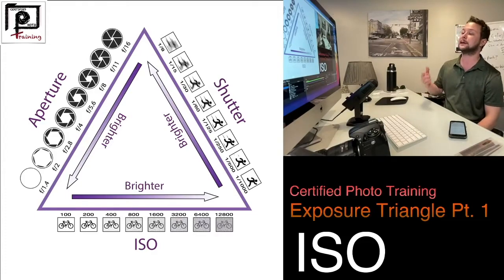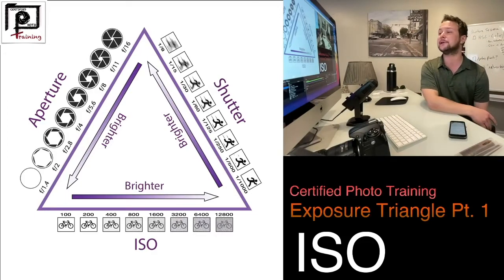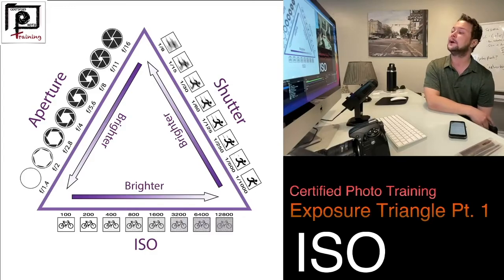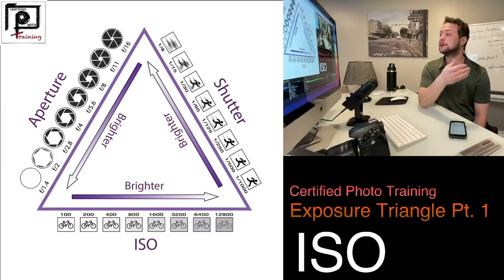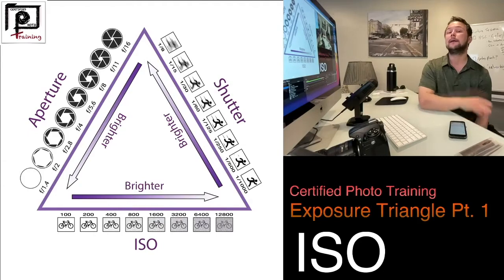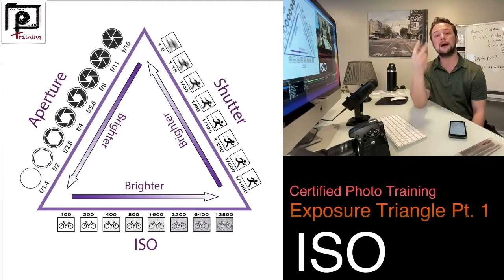So with that being said, when you're looking at my screen here, if you look along the bottom, you'll notice that it goes from 100 to 200 to 400 to 800 to 1600, 3200, 6400, and then 12800. Okay, so every time that number doubles, you double the sensitivity to light, okay? We call those stops of light.